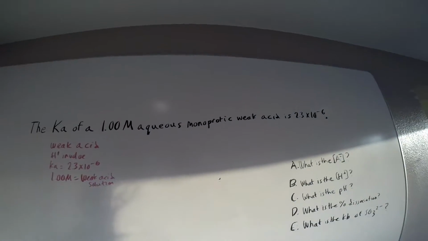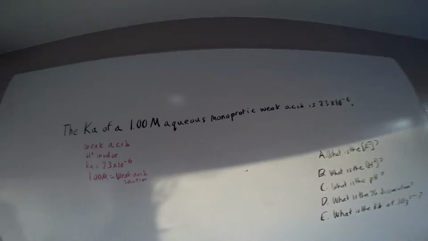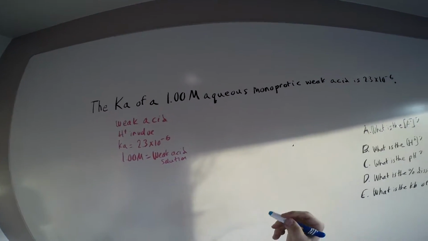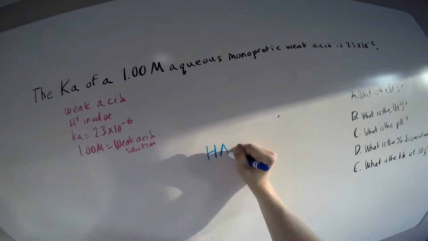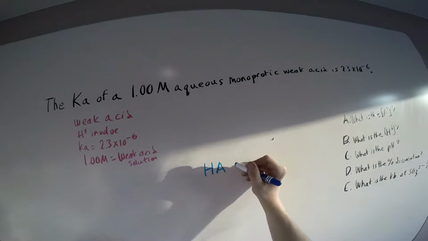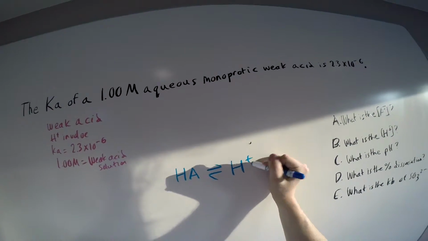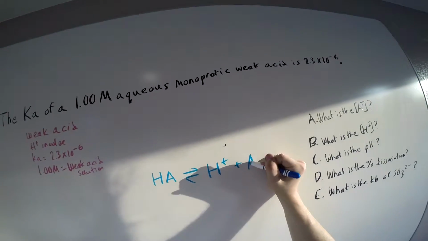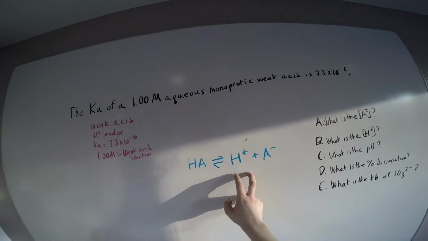Okay, since they don't tell us the actual substance being used, the actual weak acid, we can start off with a generic weak acid formula, which would look something like this. This representing your weak acid, this representing dissociation, your H+ ions, and your A- ions. So this is basically the equation.